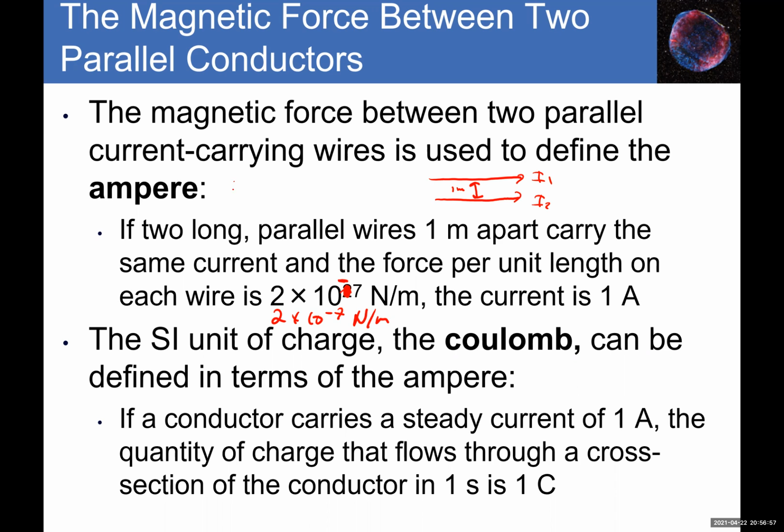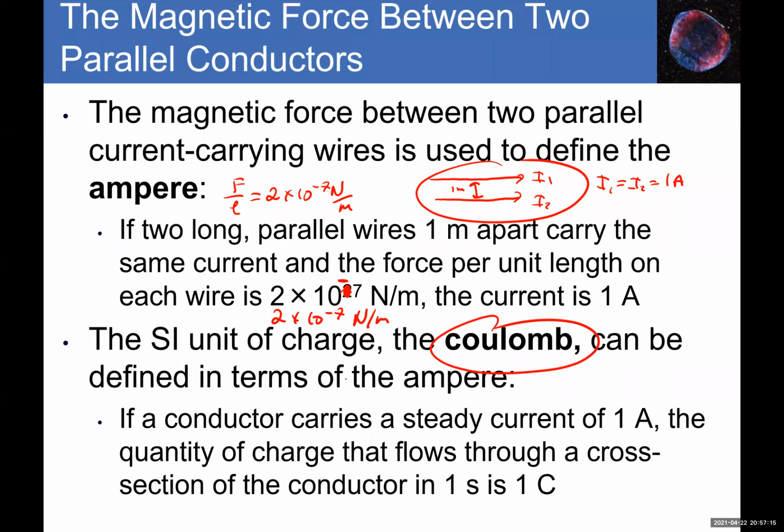That means if the force per length between these two wires is 2 times 10 to the -7 newtons per meter, then each current, I1 and I2, is 1 amp. That's how we define the ampere. And from that, that's how we define the coulomb.